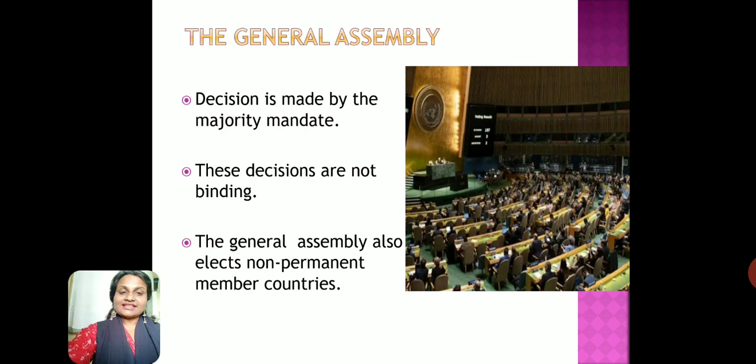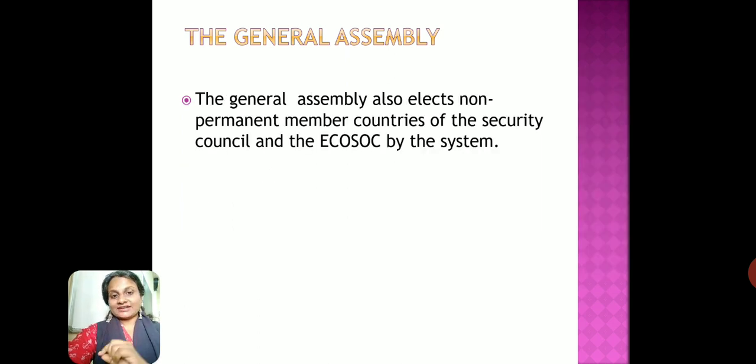So, to include new member countries into the General Assembly, they have a meeting, a voting, an election, and these elections are conducted during the General Assembly. Once that admission gets approved, only then can that country become a non-permanent member. That election does not give the country the right to become a member permanently. So this election for non-permanent member countries also takes place during the General Assembly.